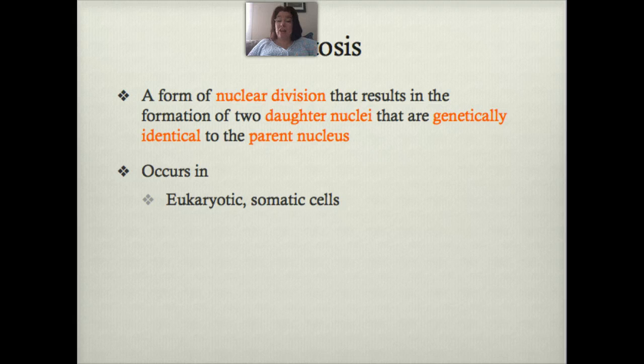So if we're going to define mitosis, we would say that it's a form of nuclear division that results in the formation of two brand new daughter nuclei that are genetically identical to the parent nucleus. So this is a process that's going to occur in eukaryotic cells, because only eukaryotic cells have a nucleus, and it's going to occur in somatic cells.